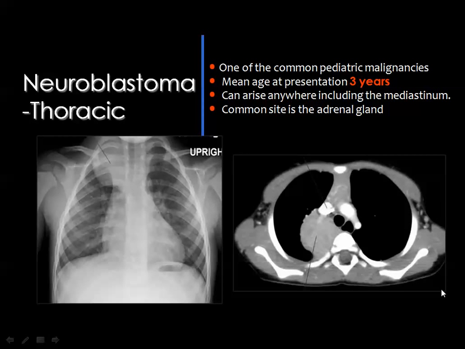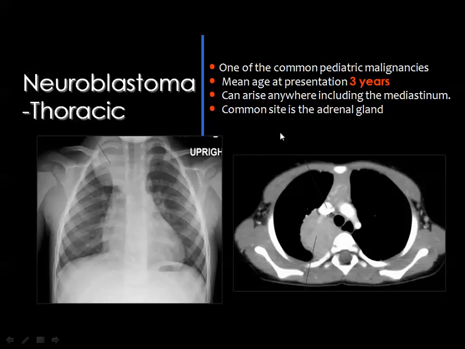And if you know that this mass is solid, then you know that in the differential diagnosis, you should include the possibility of neuroblastoma. And the neuroblastoma is usually presenting at or below the age of 3 years, and it is located usually posteriorly in the paravertebral gutter and is considered a mass in the mediastinum, not actually in the lung.